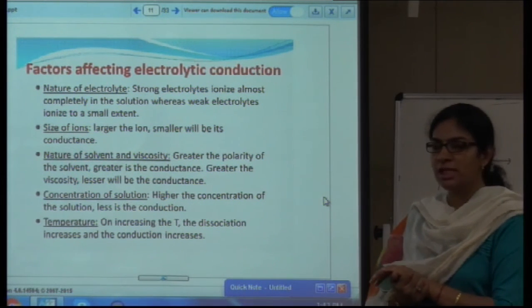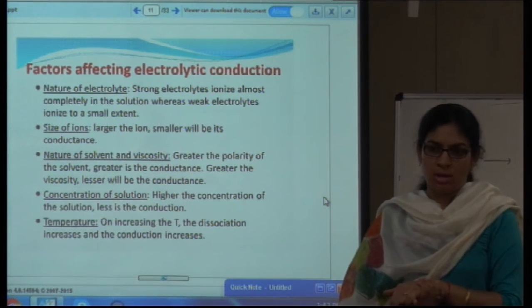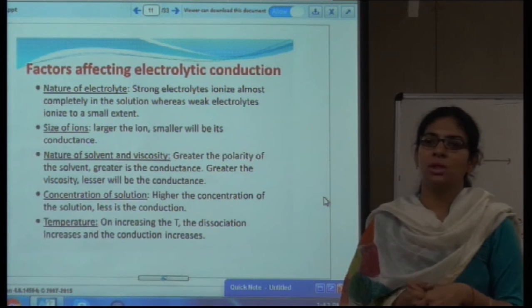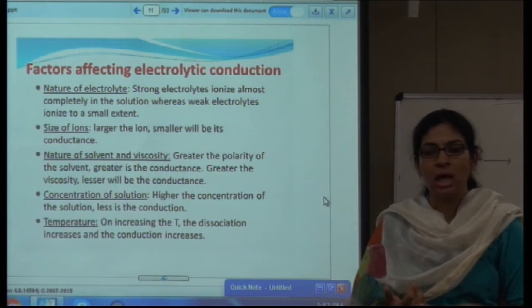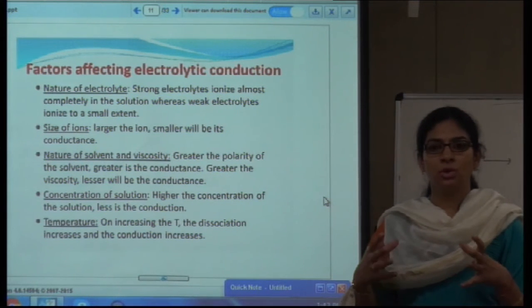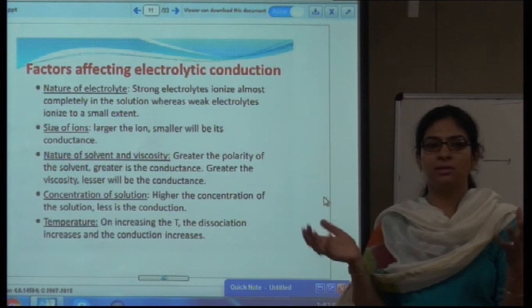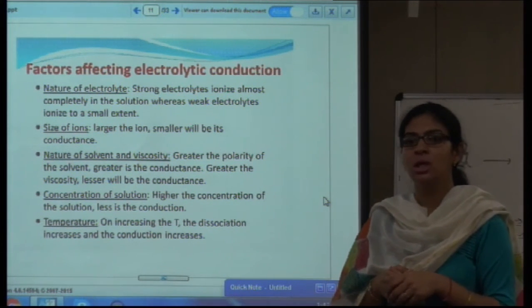We will see the reasons. And then finally the temperature. We have already seen that at higher temperature the conduction is more. At higher temperature ions have high kinetic energy, so they move faster and conduct more electricity.